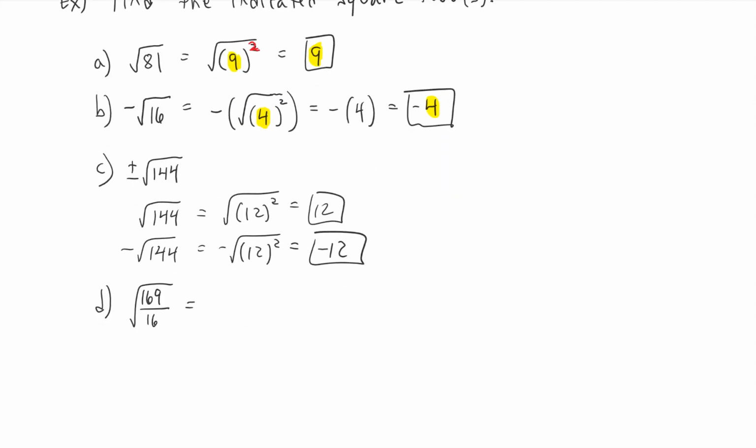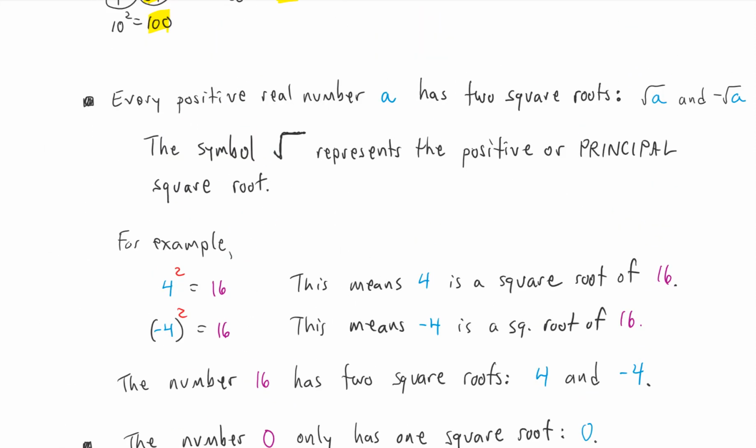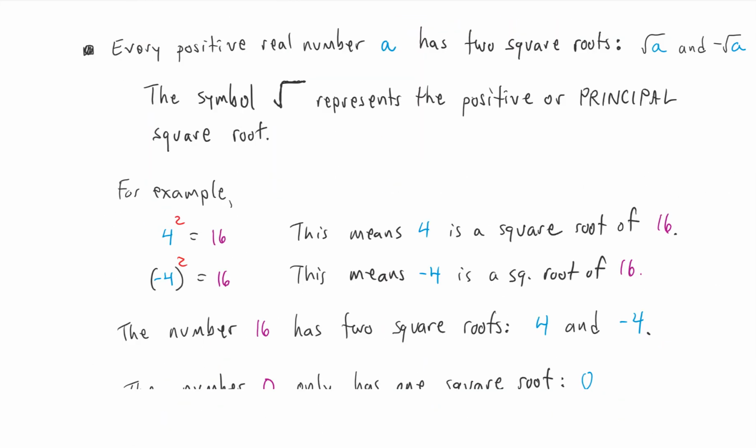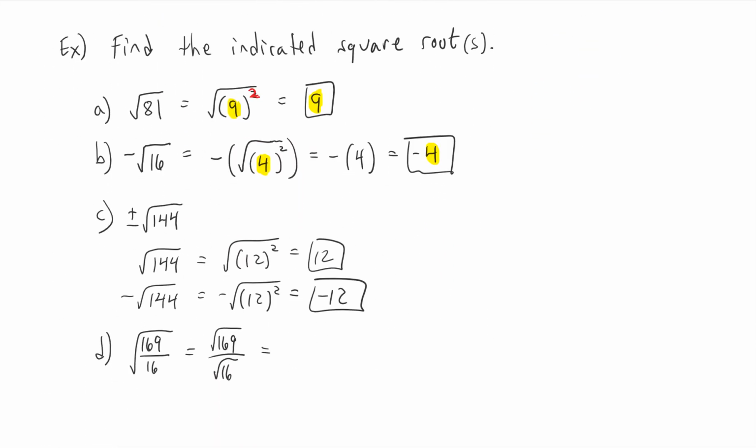So I could write this as the principal square root of 169 over the principal square root of 16. 169 is one of our perfect squares, and that's 13 squared. 16 is 4 squared.